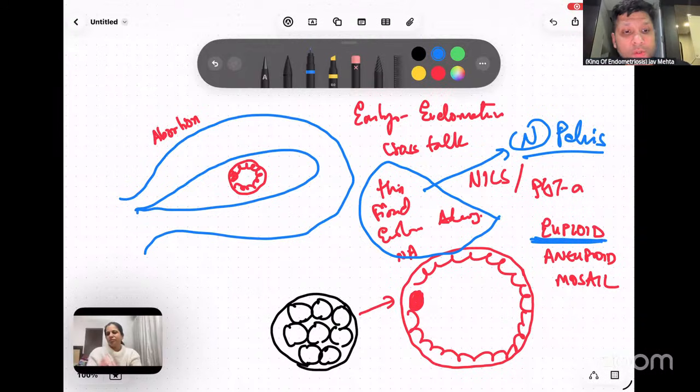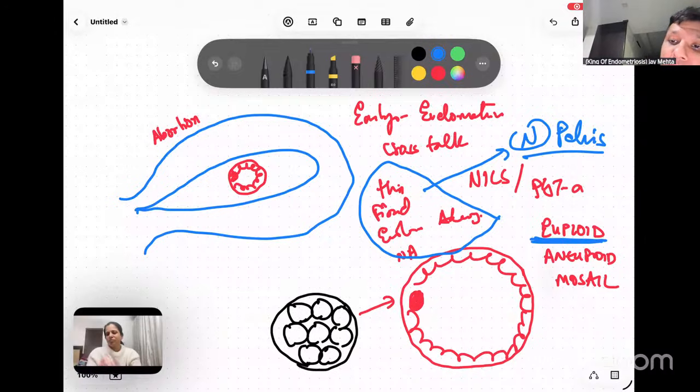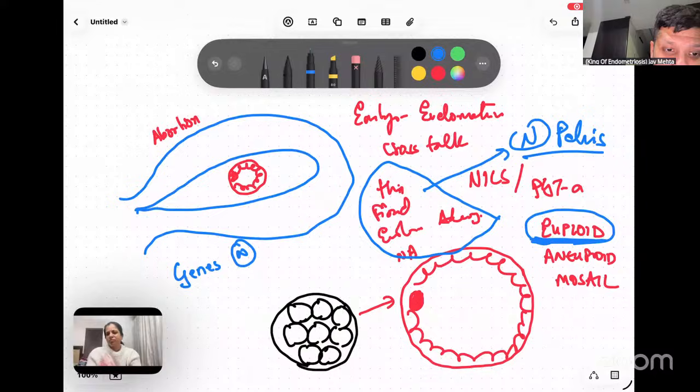So if you look at the situation otherwise, what we are trying to tell you with this entire discussion is that when the embryo is euploid, that means its genes are normal. Okay. But the manner in which these genes are getting expressed, are they getting expressed on time? For example, when the embryo reaches the endometrium, you need certain genes for adhesion, certain genes for angiogenesis, and certain genes for invasion.